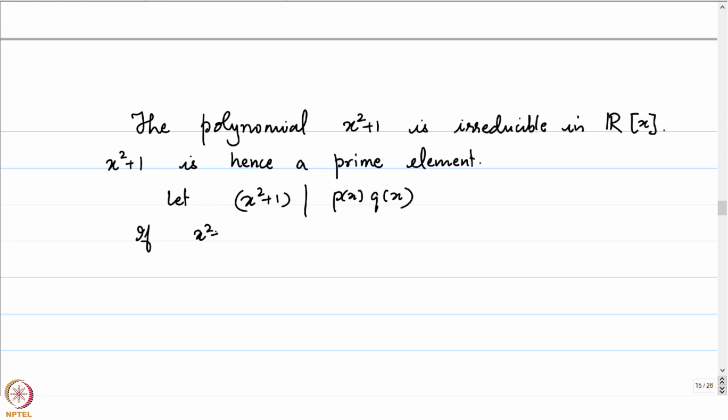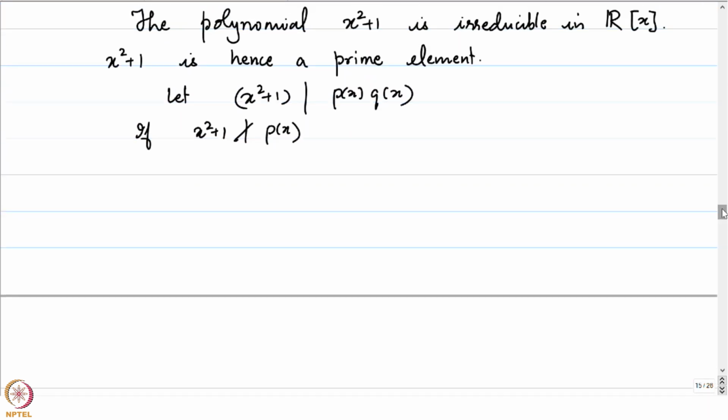If x square plus 1 does not divide P(x), since x square plus 1 is an irreducible polynomial, the greatest common divisor of x square plus 1 and P(x) should necessarily be 1. So it will be a unit.